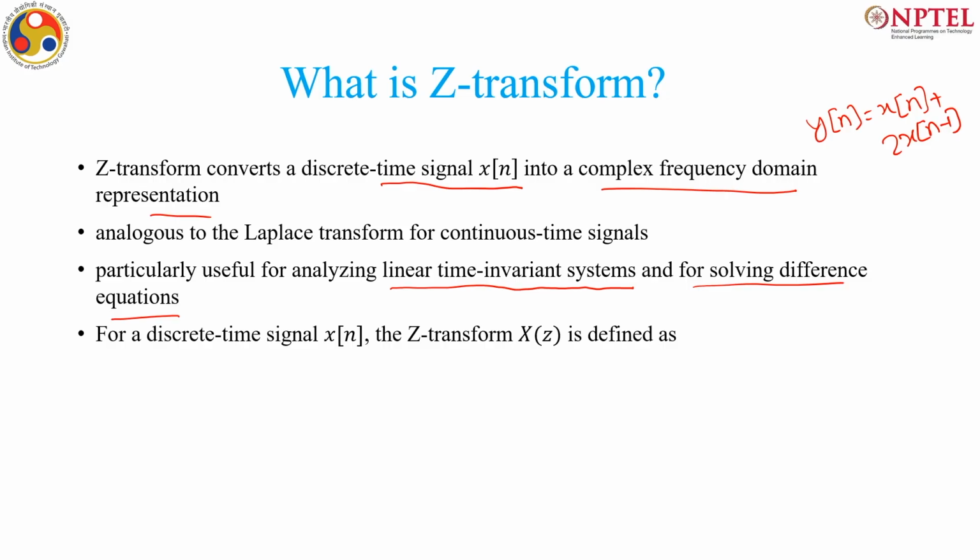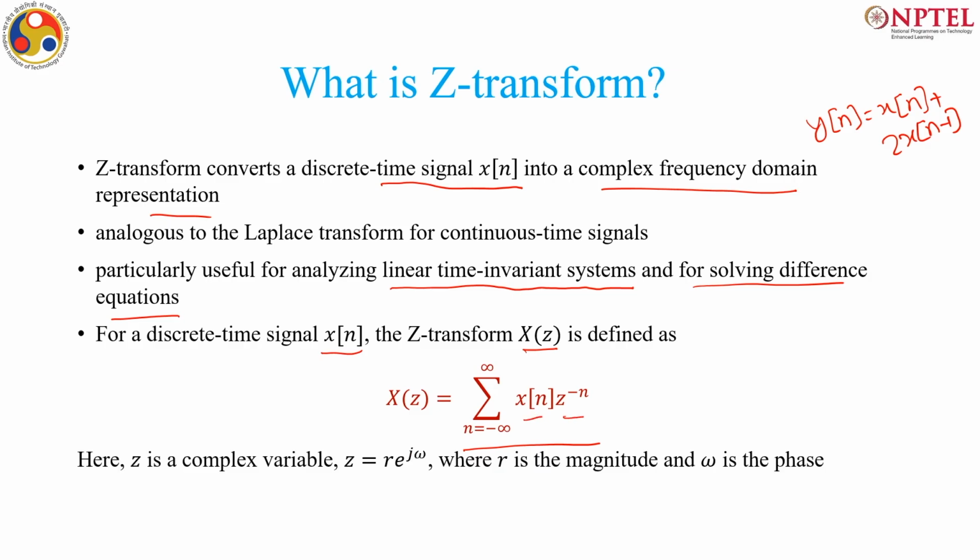So, for a discrete time sequence or signal x of n, we will define the Z transform X of z as summation from negative infinity to positive infinity over the index n of x of n z power minus n. Here, what is z? z is a complex variable, and usually complex numbers are represented with a real axis like x and a j y axis as the y axis.